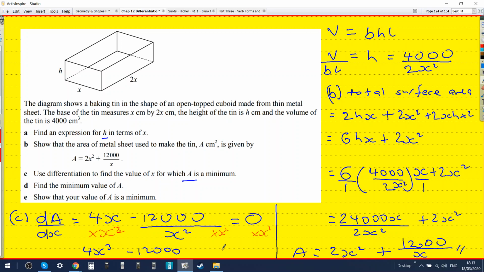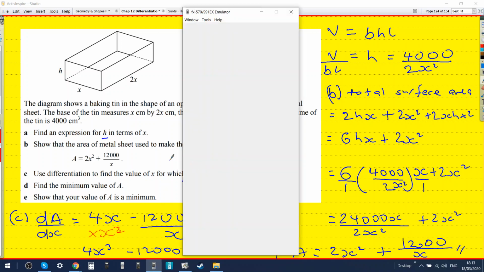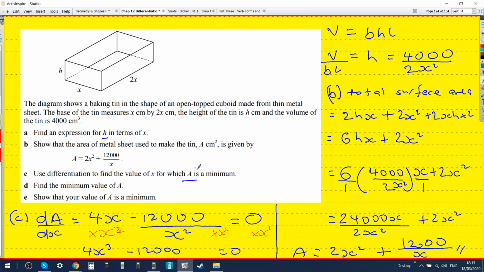So x cubed is 12,000 over 4, which is 3,000, and then you work out the cube root of that, and I got 14.4. And what is it to 5 sig fig? 14.422. Okay. Part D.